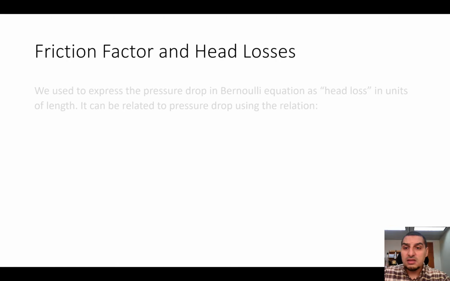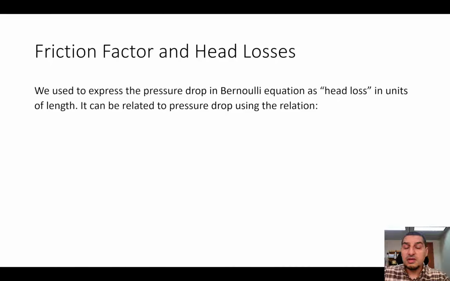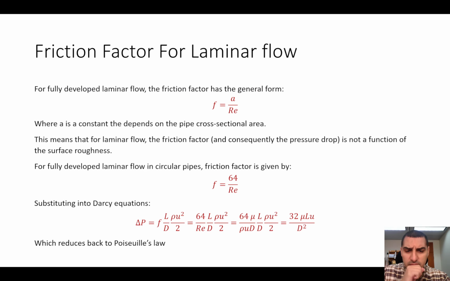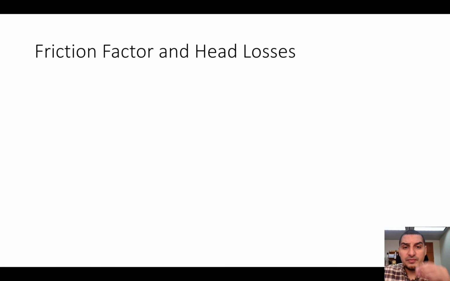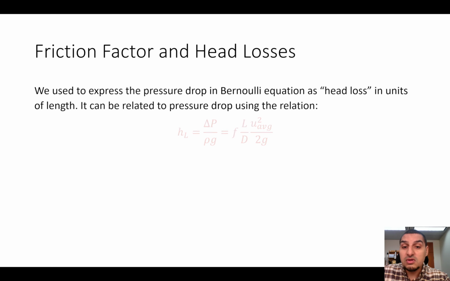We said in the beginning that we are interested in calculating the head losses, and the head losses have units of length. However, here we are calculating the pressure drop. So there should be some way that we can relate the head losses to the pressure drop.